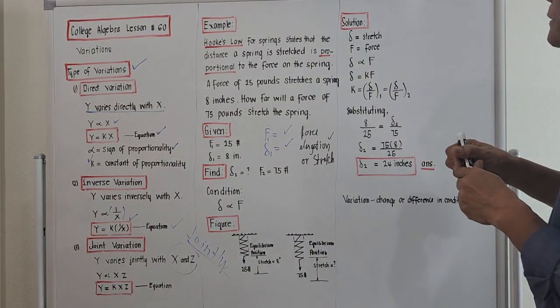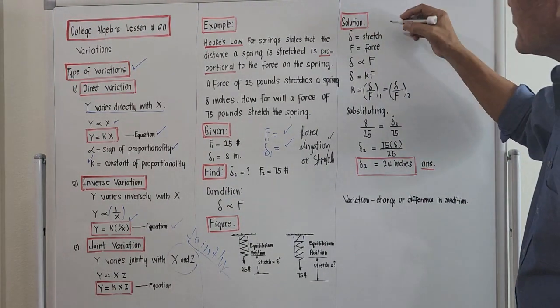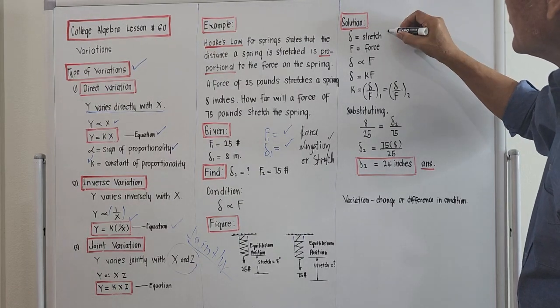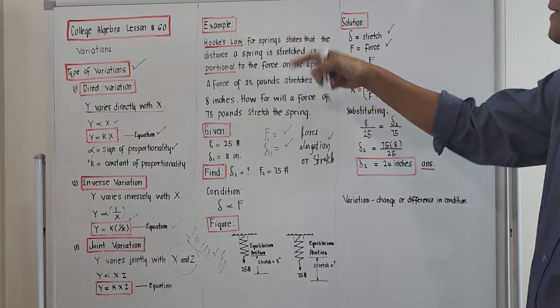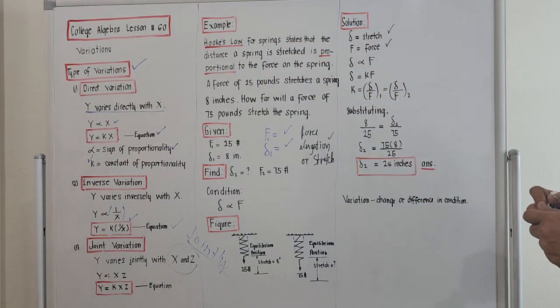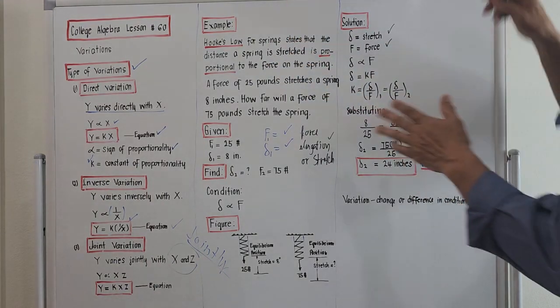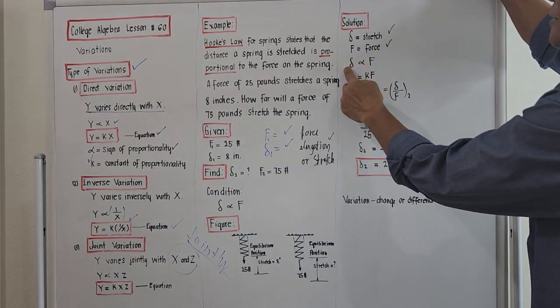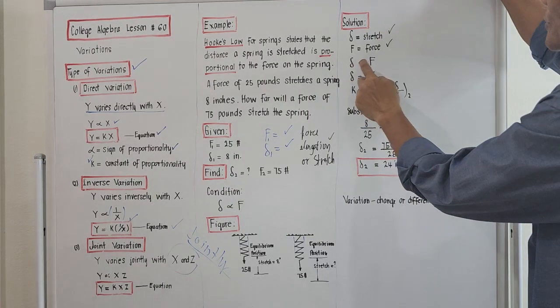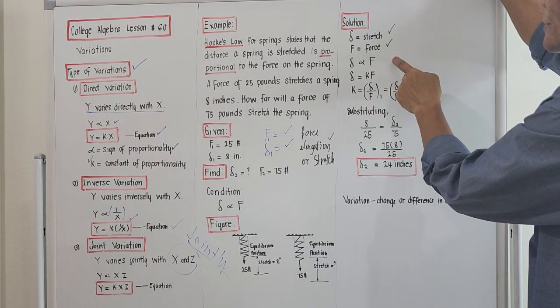Greek letter delta is stretch, capital letter F is force. From the verbal analysis, the elongation, designated by the Greek letter delta, is proportional to the applied force.